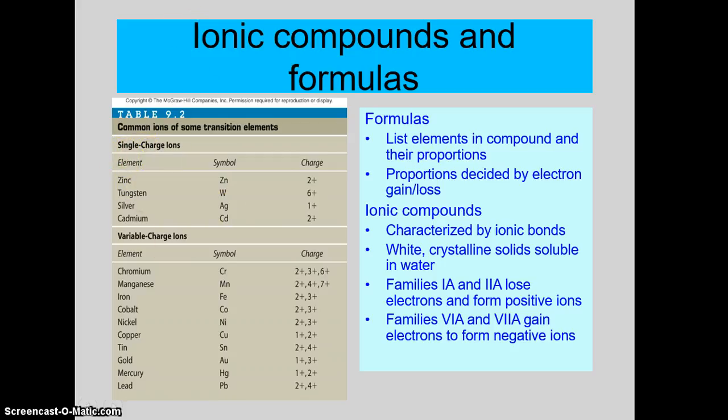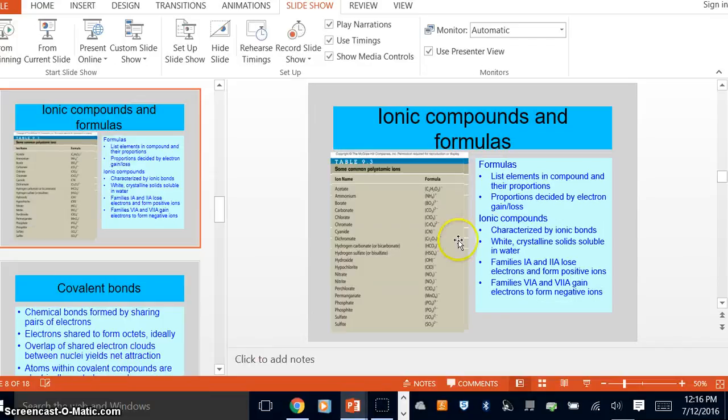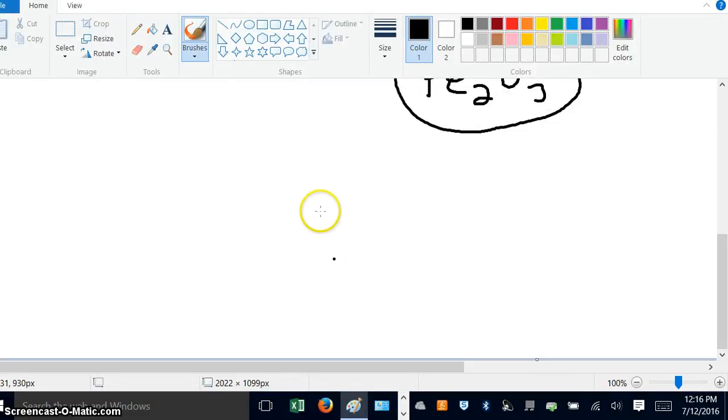So let's say we had tungsten and, I don't know, sulfur. Tungsten is always +6, and sulfur is always -2.